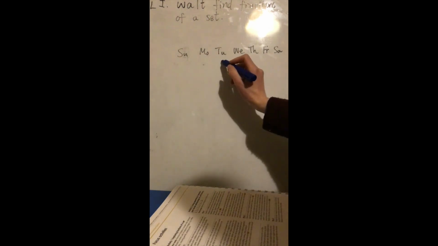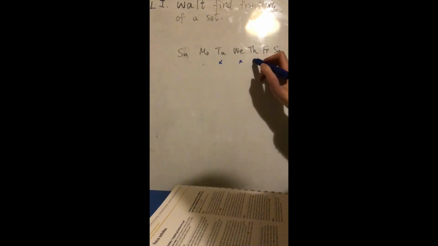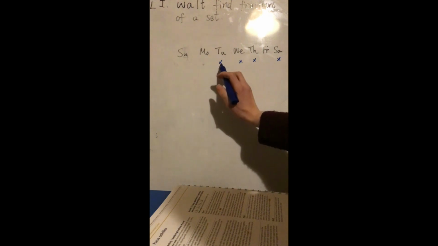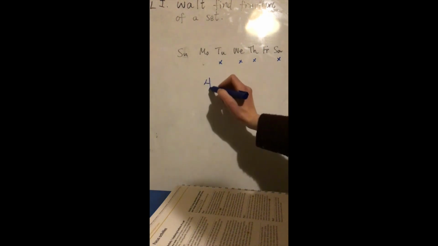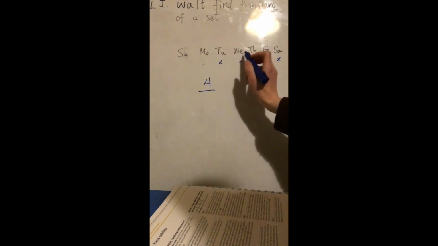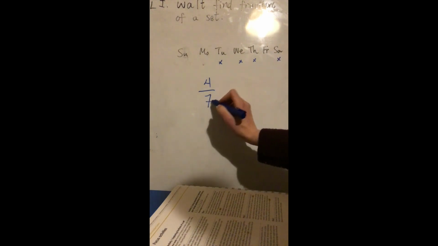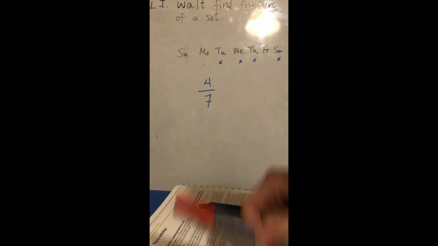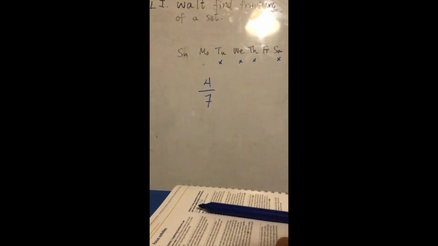I usually go for a run on a Tuesday morning, a Wednesday morning, a Thursday morning, and I try to go for a run on a Saturday. So I've got 1, 2, 3, 4 out of 1, 2, 3, 4, 5, 6, 7 parts of my set. So 4/7 of the days of the week, I go for a run.